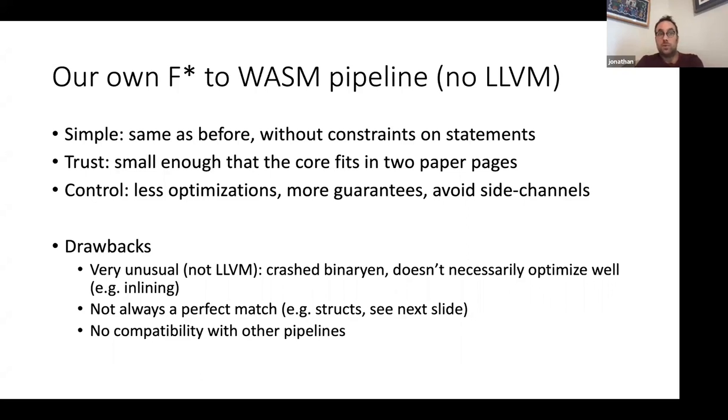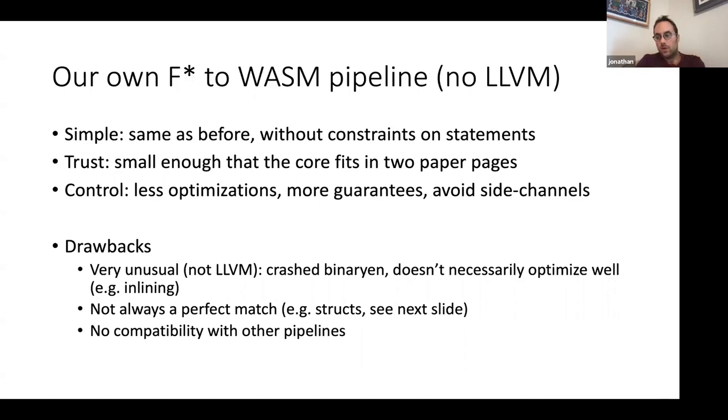It's even simpler than when we were going to C, because a lot of things, such as having to extract a statement-based language out of an expression-based language when going to C, are no longer needed because WASM is expression-based. It was also very easy to formalize on paper. We submitted a paper at Oakland, I think 2019, and it only took 2 paper pages to explain our compilation scheme to WASM.